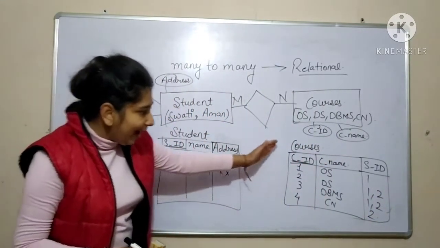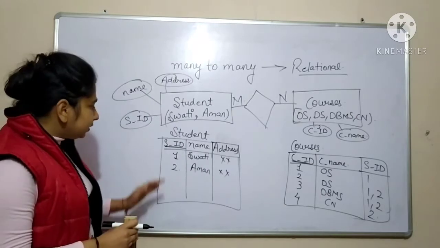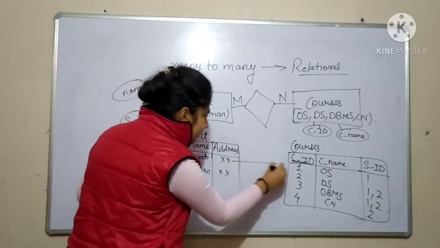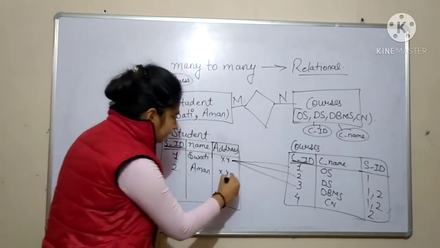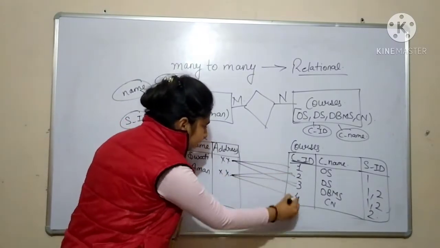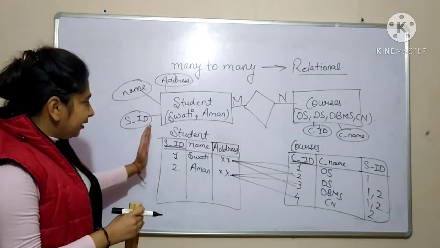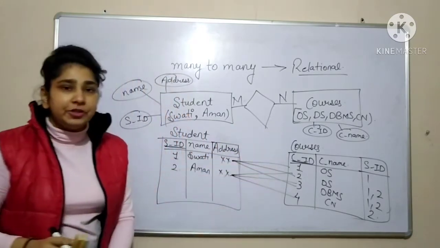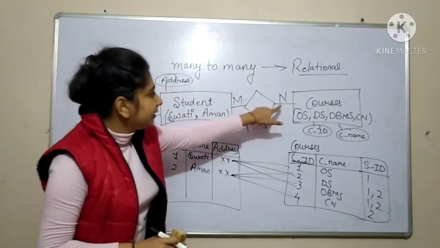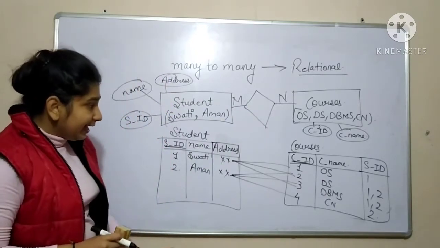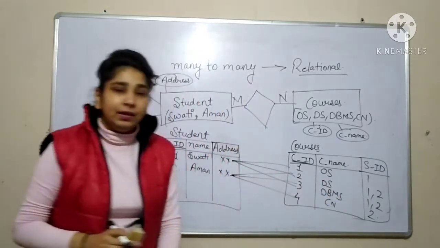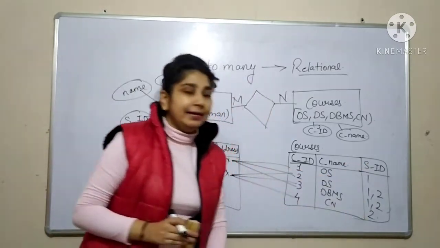You will be writing it like this because one student can study many number of courses. So there is a kind of one-to-many relationship. One student is studying many number of courses.